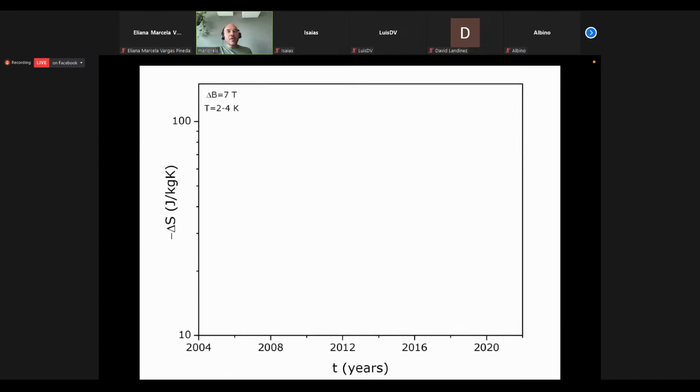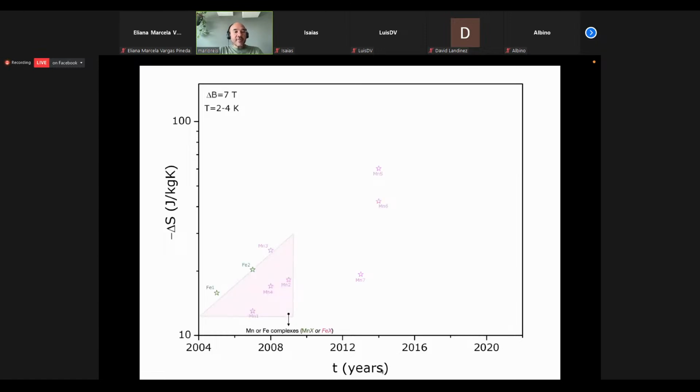Now I am presenting here what you have observed, collecting results from the literature that is presented in that review I have presented for you at the beginning of the talk. Here is the entropy. Here is the time, the year of publication of the corresponding article where I have found the data.